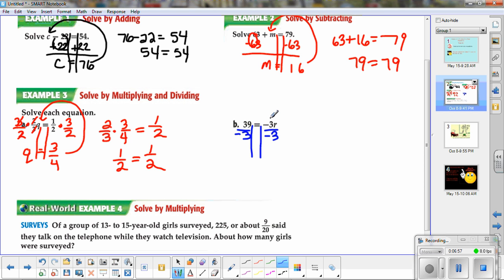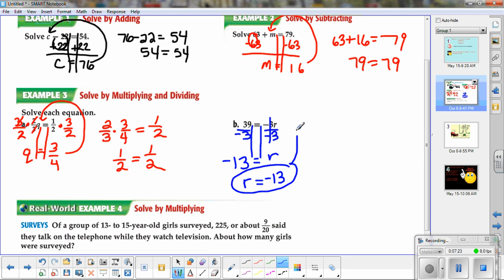So we have to divide by negative 3. Negative 3 divided by negative 3 is 1, and 1 times r is r. And on the other side, 39 divided by negative 3, a positive divided by a negative is always going to be negative. And 3 goes into 39 13 times. So r is equal to negative 13.